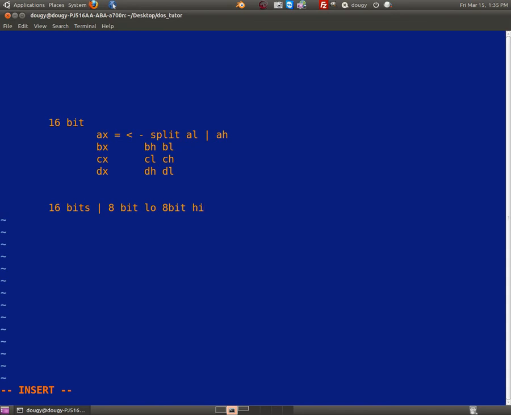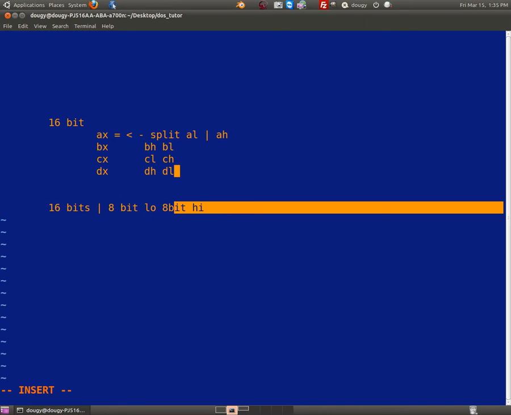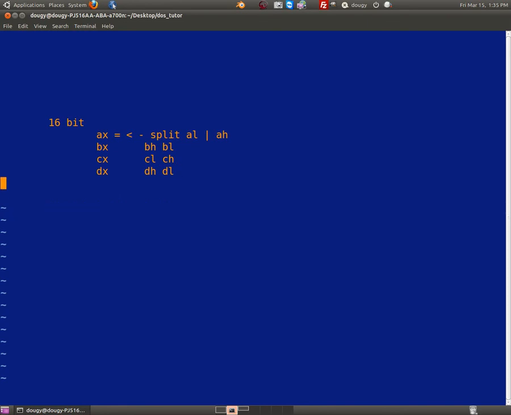Okay? That's it. That's all that's going on here. Okay? The BX register contains a higher 8 bits of information and a lower 8 bits of information. Okay? Why did they do that? Why they did that is better explained by them, but that's what it is.